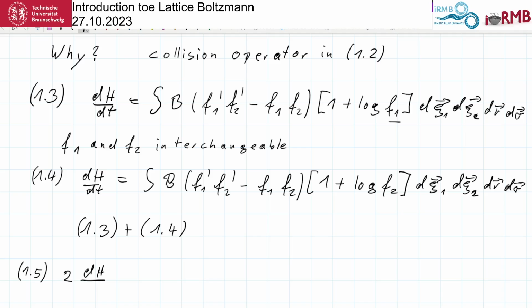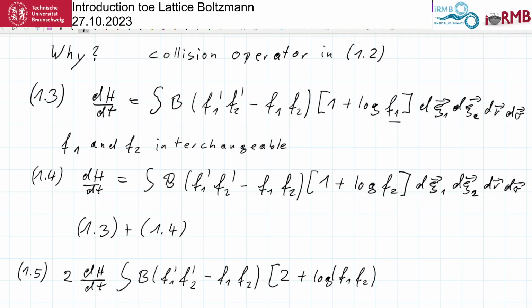So d eta by dt times 2. On the left-hand side we have two of them. Then we integrate b f1 dash, so the gain term again minus the loss term. Now here we have 2 plus the logarithm. So how do we add up logarithms? We add up logarithms by taking the product of them, right? Very simple. And then comes the integral over everything again.